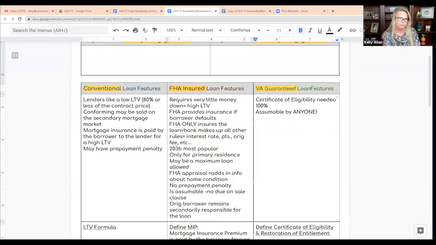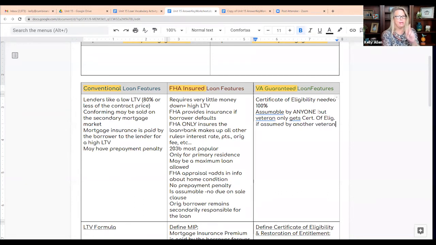Oh, let's see here. Assumable by anyone, but veteran only gets cert of eligibility if assumed by another veteran.